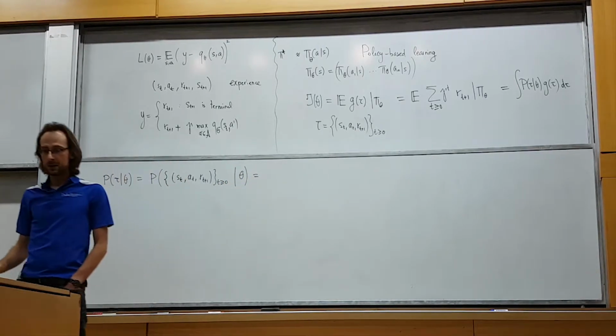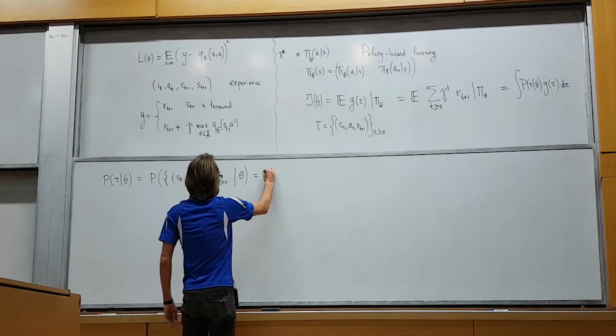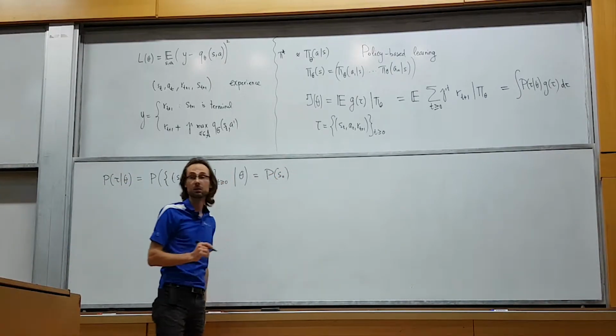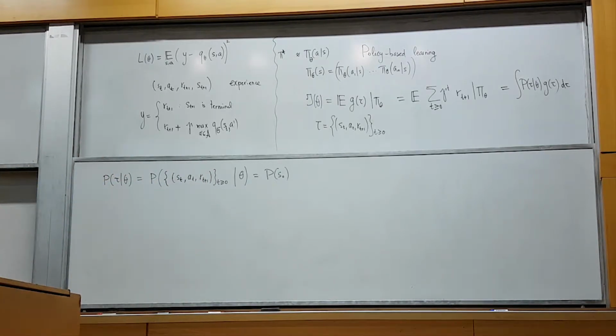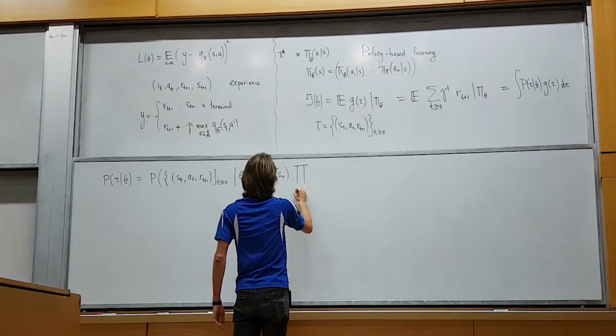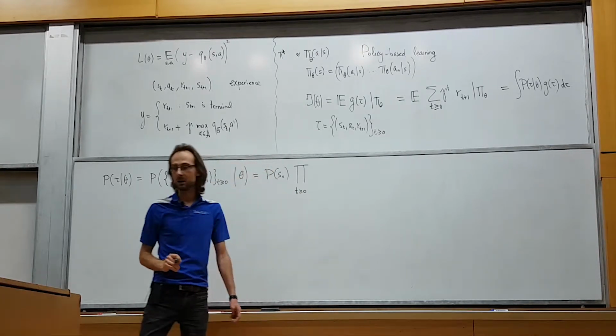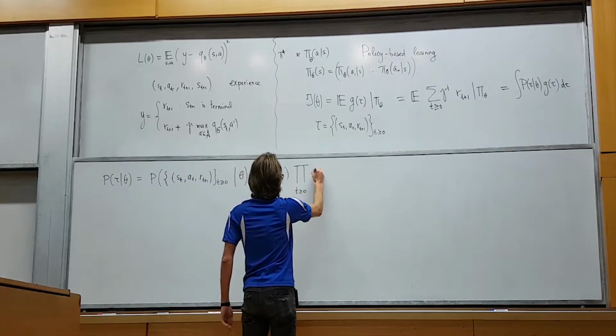First of all, we write the probability of the state S0, some initial distribution of the states. Then for t greater or equal than 0, we have a product of transition probabilities times the policy. The policy is the probability of taking a certain action. So this is pi theta.